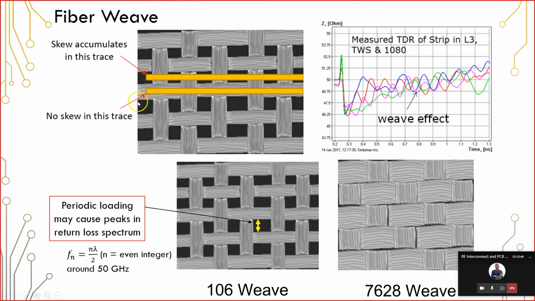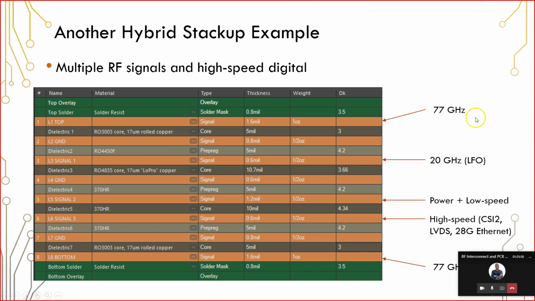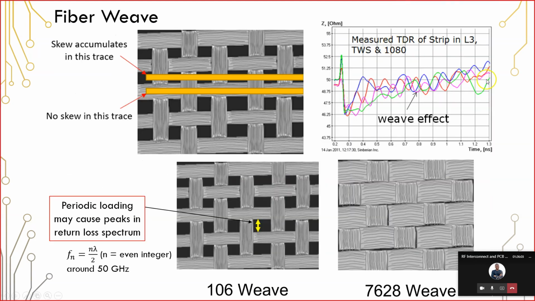Now, with an RF signal, we actually do care about skew, particularly in a case like on this board where we had to use the 20 gigahertz signal as a clock. This 20 gigahertz signal being used as a clock means that you need to have zero skew no matter where that signal is routed in order for multiple transceivers to be synchronized.